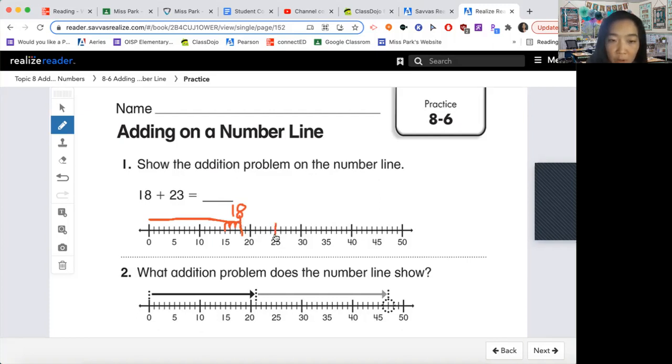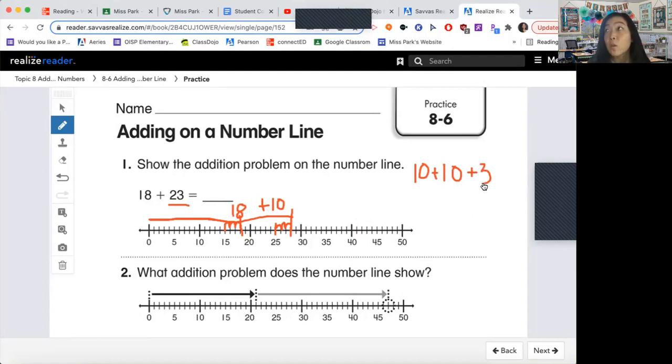So here we got 25, 26, 27, 28. So if we got to 28, this would be plus 10. Now, the number 23 would be 10 plus 10 plus 3.